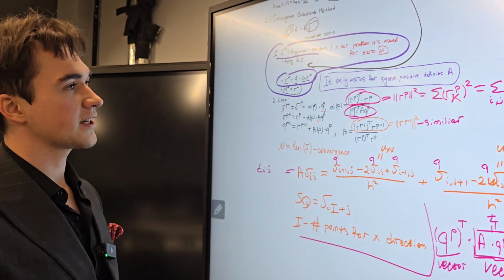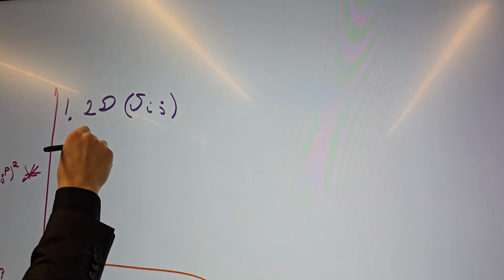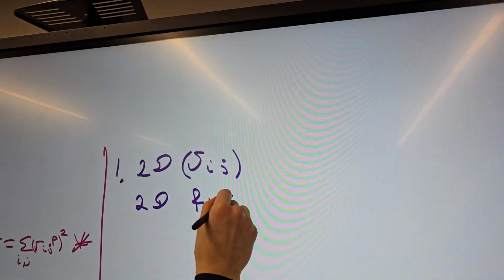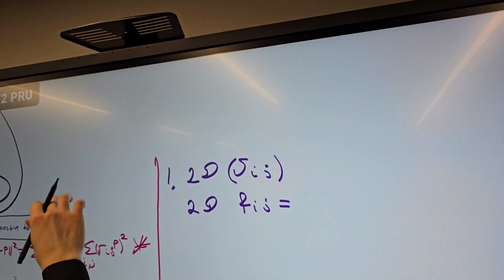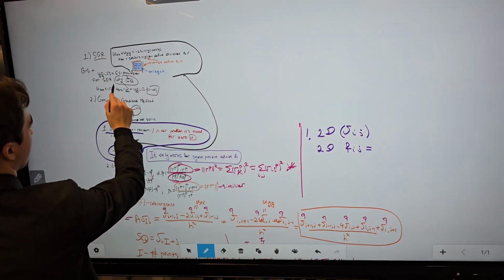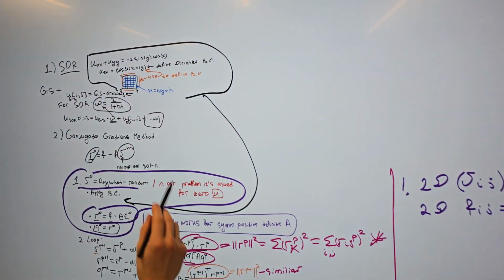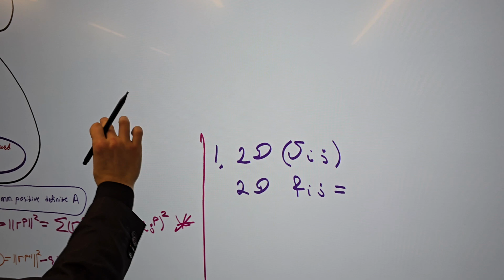So F we can also consider as a 2D array, 2D F ij, which will be equal, in our case, to minus 2 sine y times cosine x.